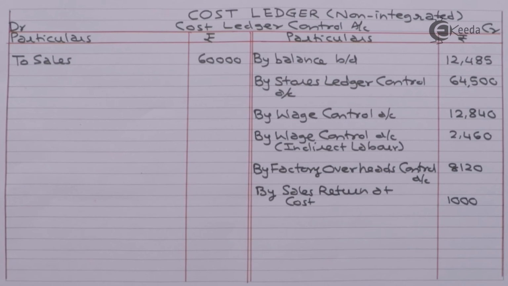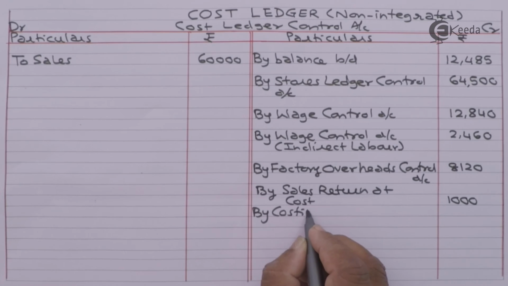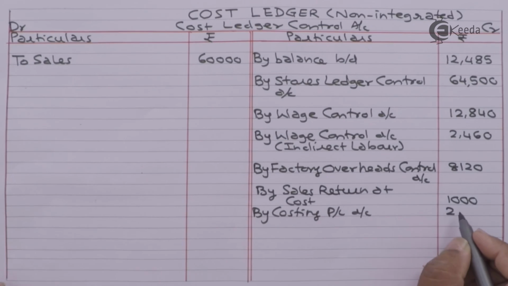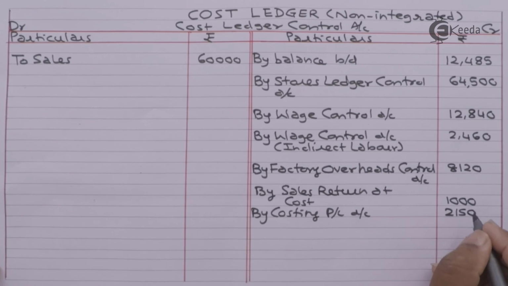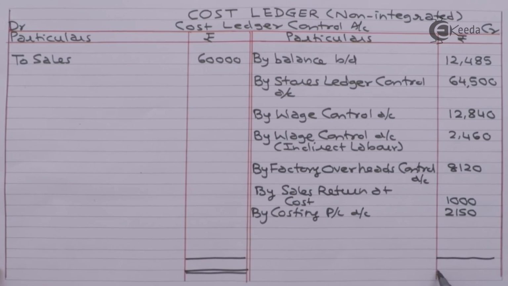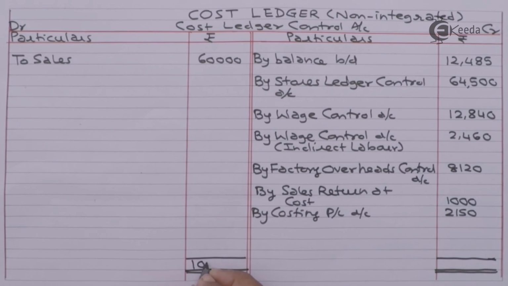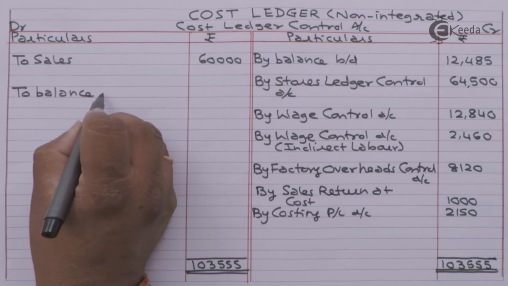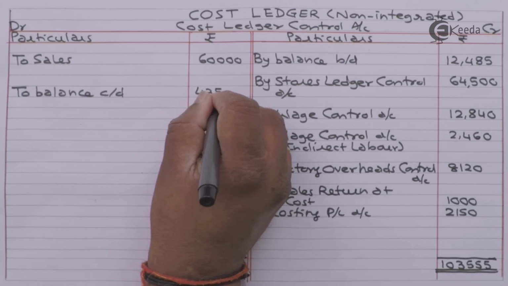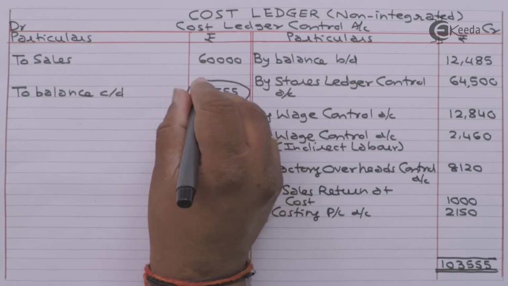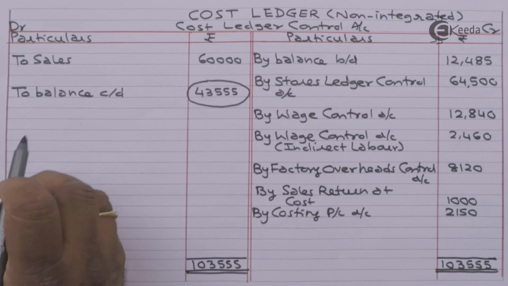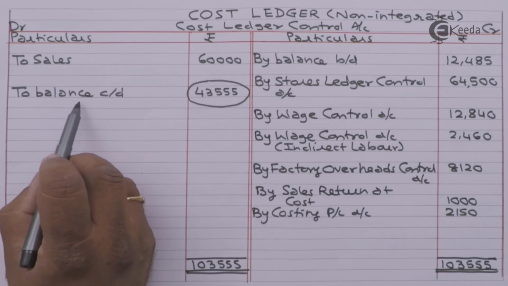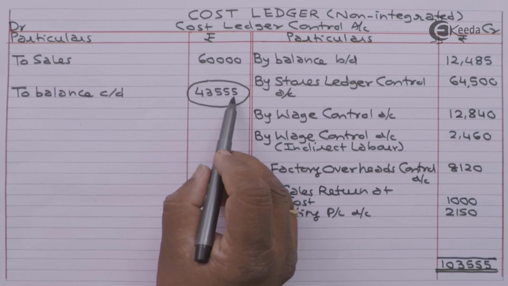This will be transferred to cost ledger control account, credit side. Cost ledger control account, we are getting a balancing figure on the debit side, to balance carried down 43,555.